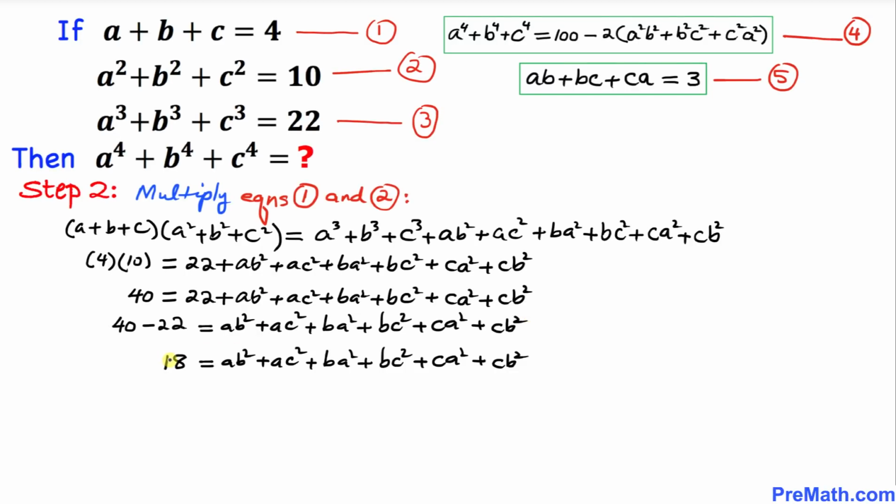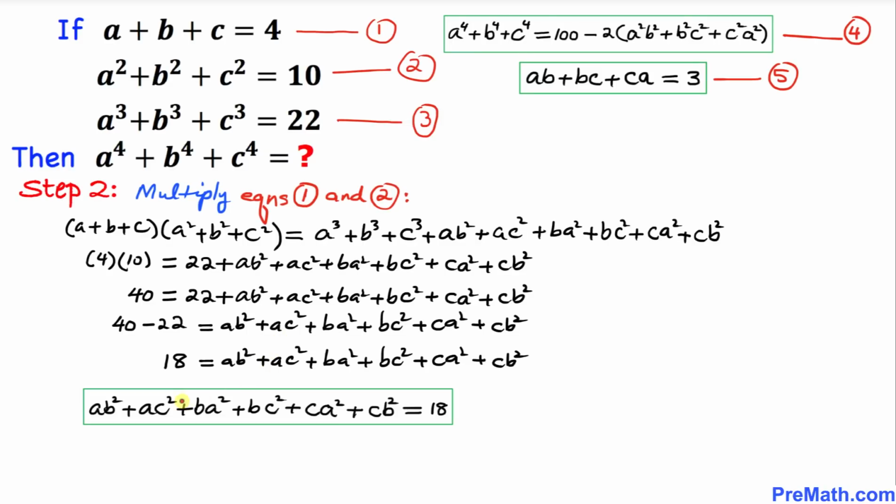So the left hand side has simplified to 18 and the right hand side is same. So thus we got an equation AB square plus AC square plus BA square plus BC square plus CA square plus CB square equals 18, and I am going to call this one equation number 6.